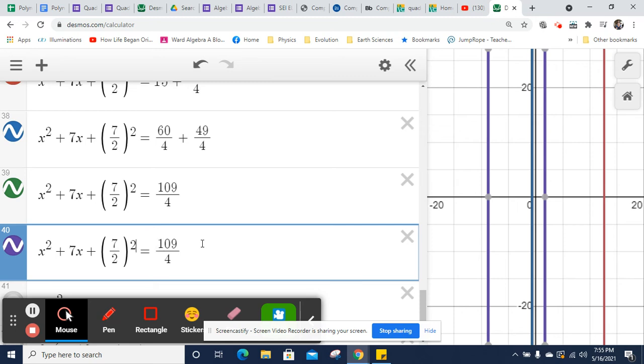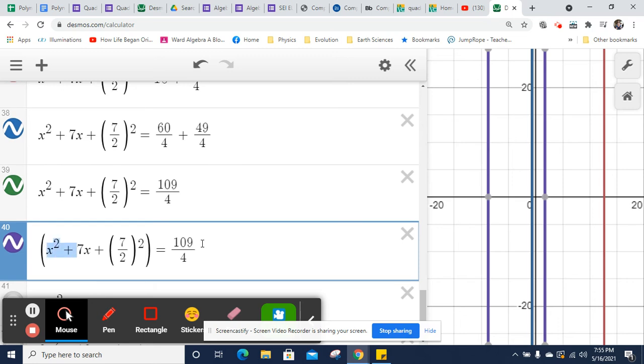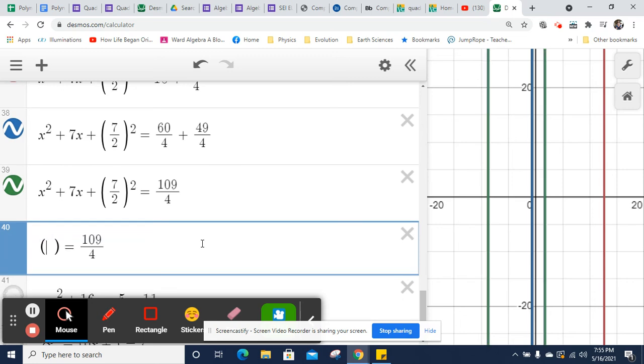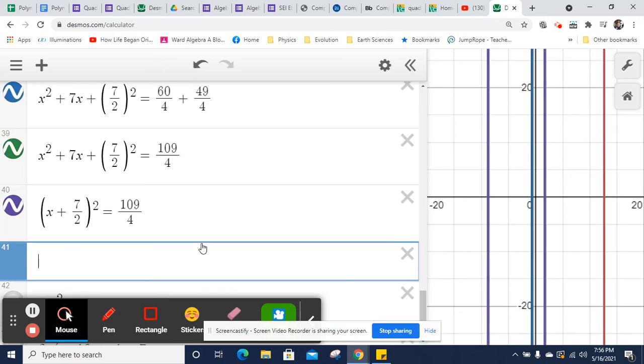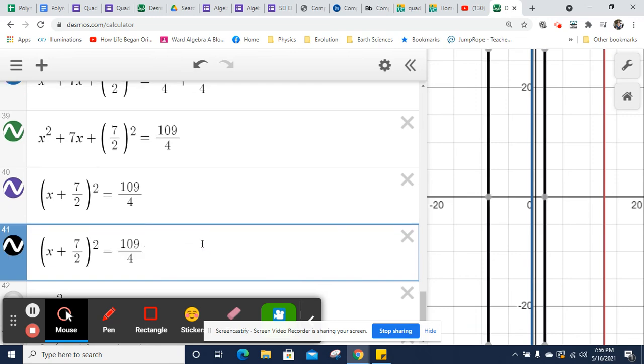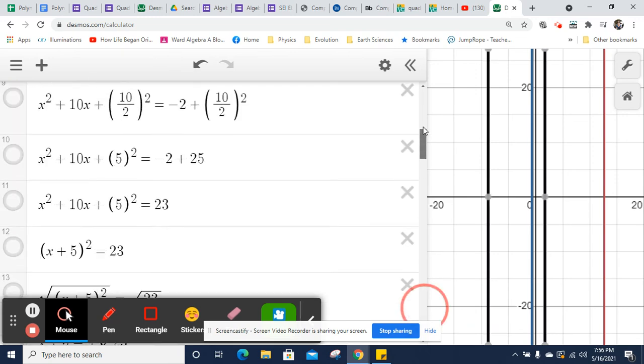I need to turn the left side into its factored form. Okay, so it's going to be x plus 7 over 2 squared.